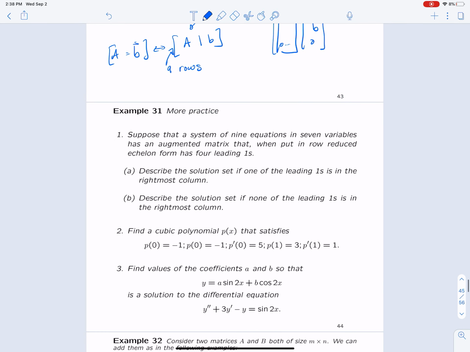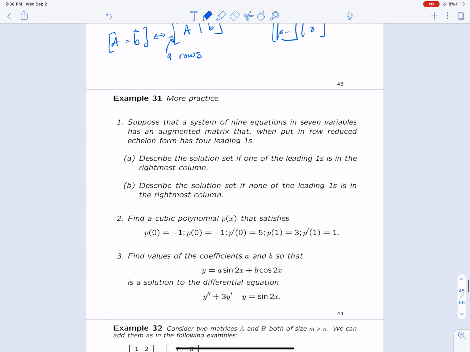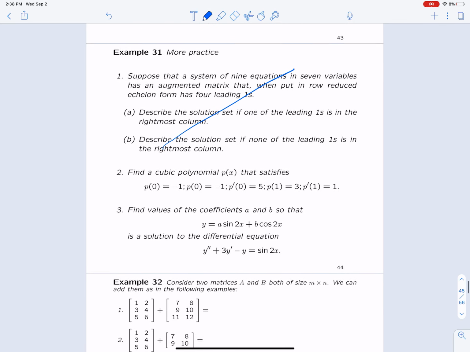Okay? So suppose that a system of 9 equations and 7 variables has an augmented matrix that when put in, oh, this we've already done, that's the same. It's the same question.